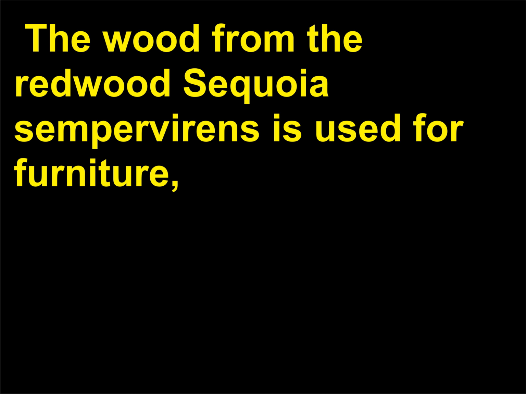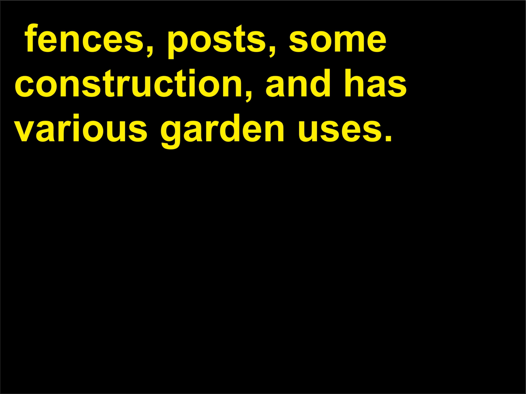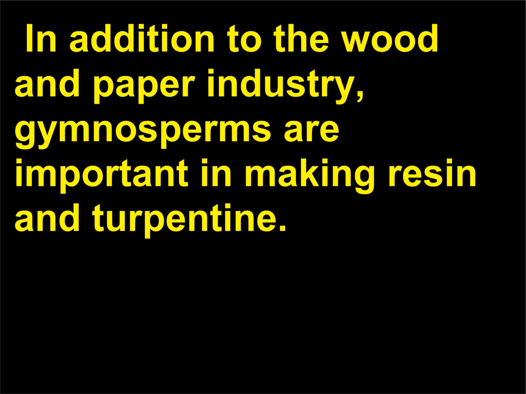The wood from the redwood, Sequoia sempervirens, is used for furniture, fences, posts, some construction, and has various garden uses. In addition to the wood and paper industry, gymnosperms are important in making resin and turpentine.